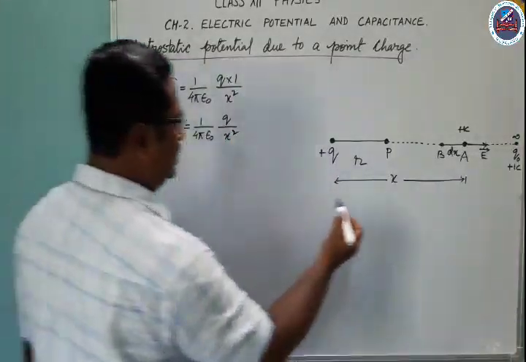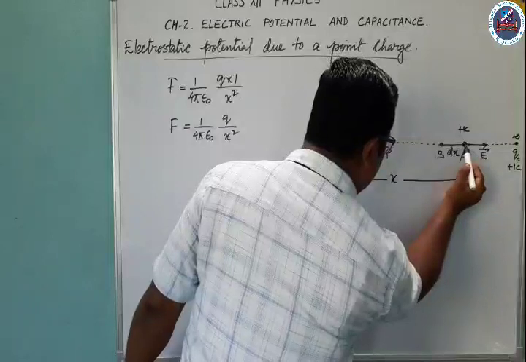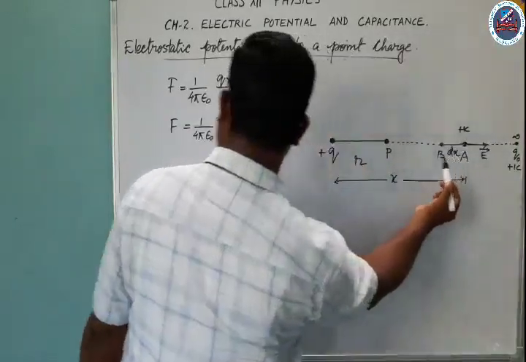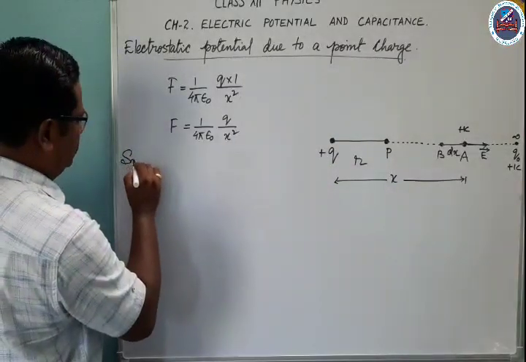Now small work that is done to bring a unit test charge from point A to B while moving through a small distance dx. Let me write down here.